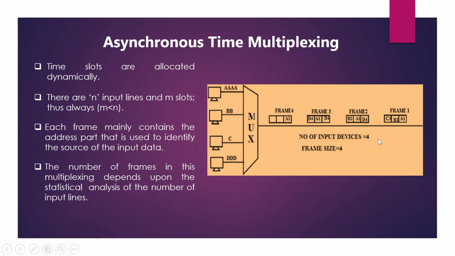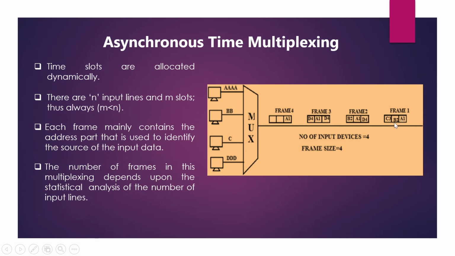Now the things we just discussed necessitate that, since these slots are not allocated to a specific node at a particular point of time, it could be data from any of these input lines. This necessitates that we associate an address with the data.